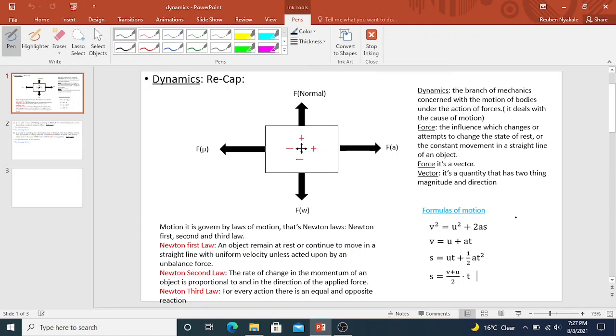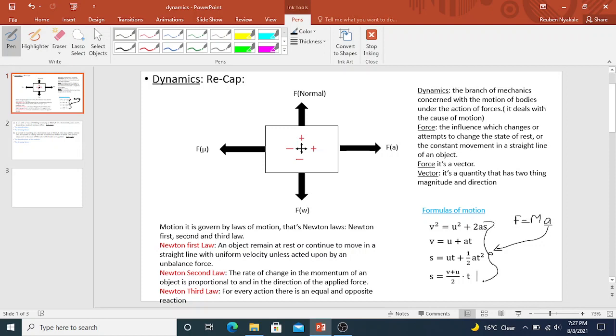Force equals mass multiplied by acceleration. Where must we take the acceleration from? From these formulas. These are formulas of motion that would help us to calculate the force behind motion.